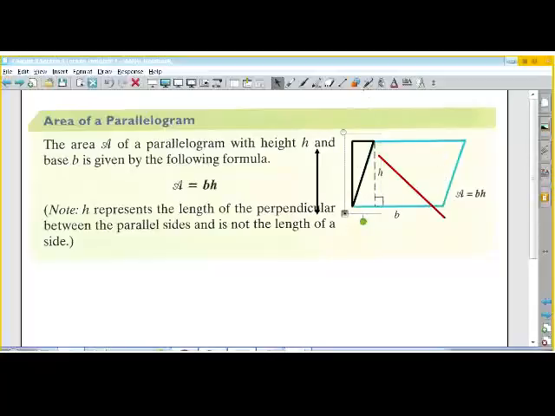So it's a rectangle, and this other part's straight. So what I do is I borrow some from one side and I stick it in the other. So what I did is I took this and copied it and moved it over here, and now it becomes a rectangle which has a base of B and a height of that. So that's how you get the formula.